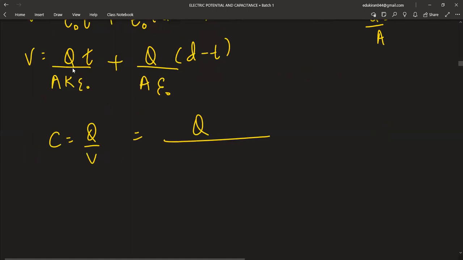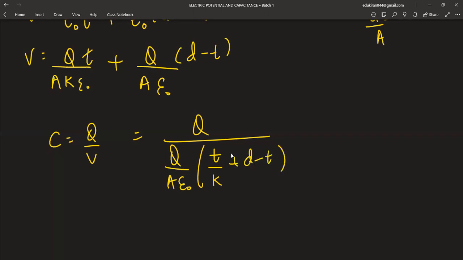Let's do one thing, class. Let's take this Q by A epsilon naught common. So what are we left with from here? T by K, right? From here, plus D minus T. Okay, class, Q gets cancelled.